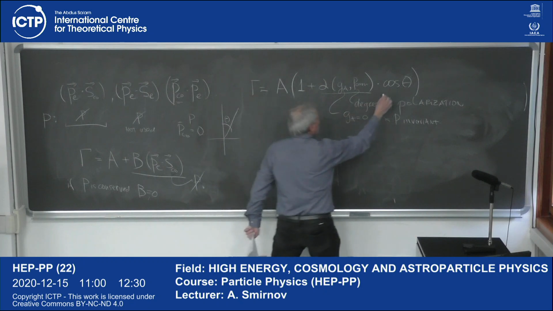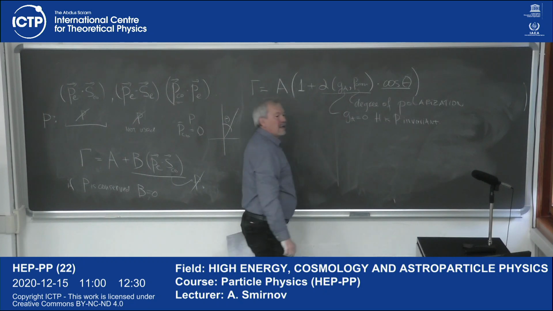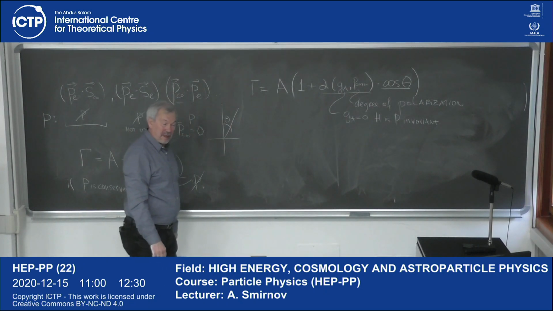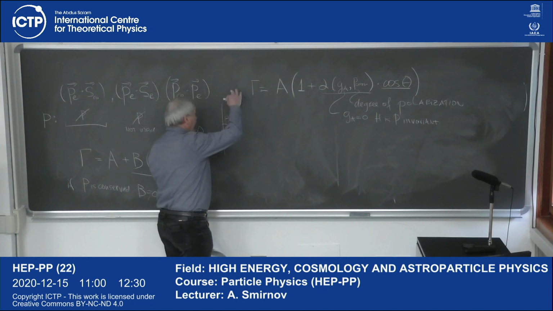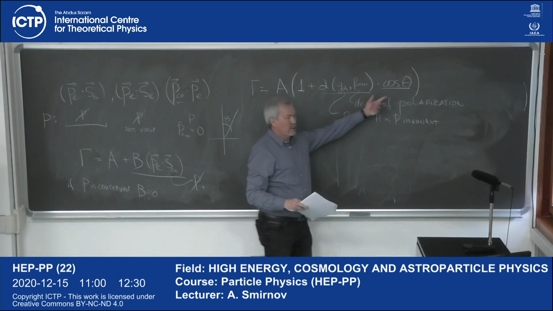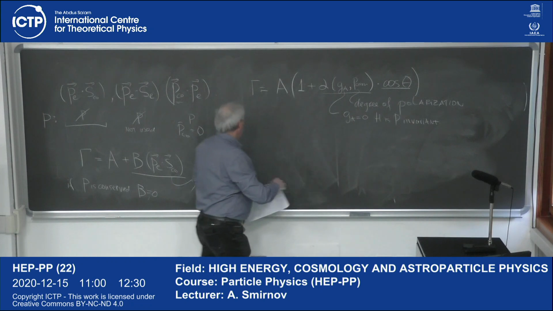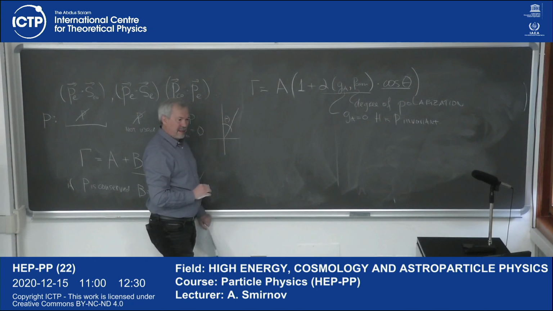So, appearance of this term clearly produces up-down asymmetry, because for up-flying electrons, this is positive, and for down-flying electrons, it is negative. Right?